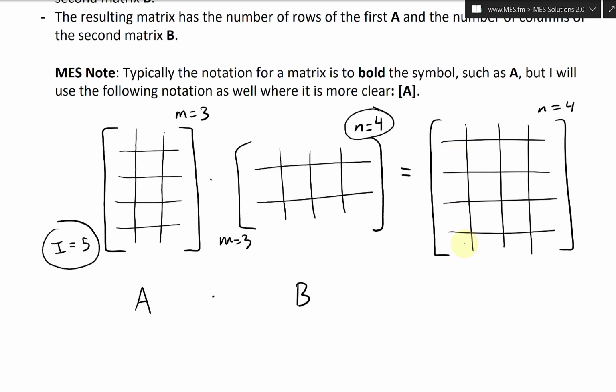And this is equal to our C, or AB, like that. So that's our C matrix there.